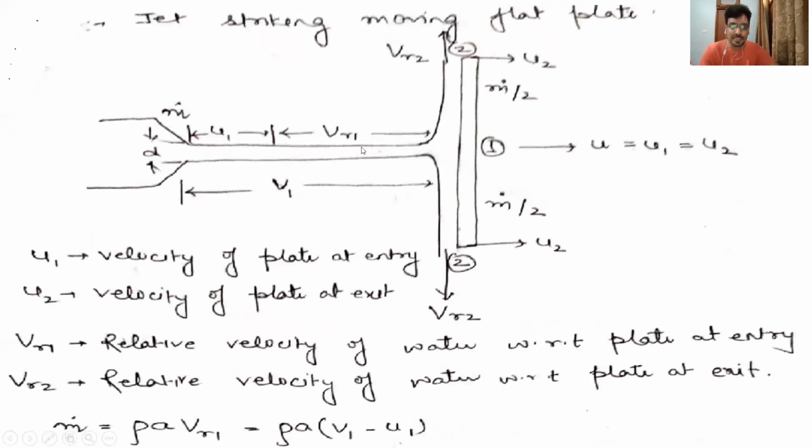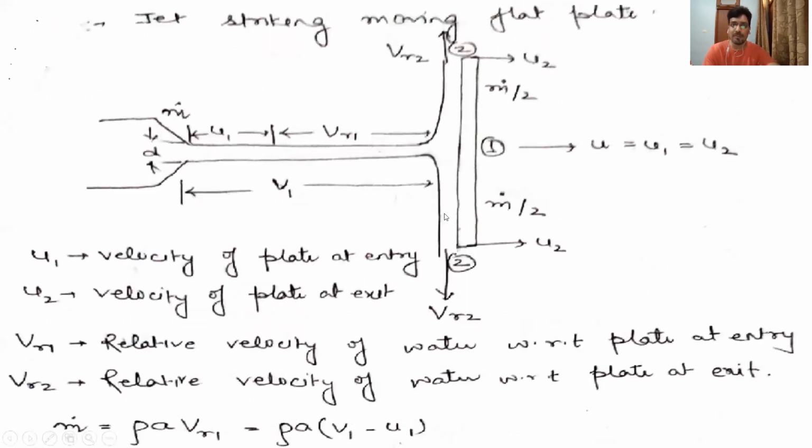Now what will be the value of force that will be exerted on this moving plate in y direction? As we see, the jet is striking this moving plate only in x direction, not in y direction. So therefore the initial momentum is zero, that is m dot into zero, because there is no velocity component in y direction.